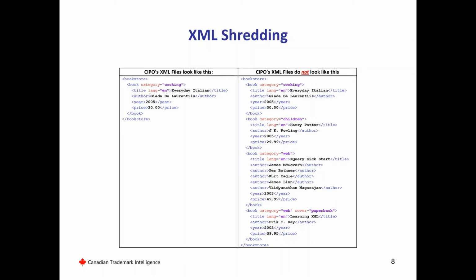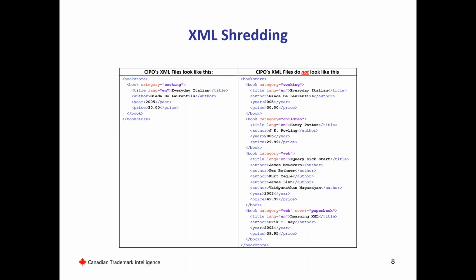Commercial shredders typically expect to encounter XML files consisting of invariant, multiple repeating sets of nodes or elements. But CIPO's trademark XML files contain only one set of nodes per file. That's illustrated in this slide by analogy to Microsoft's books.xml sample file.